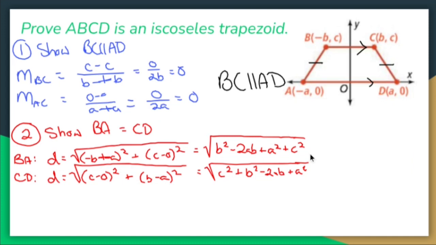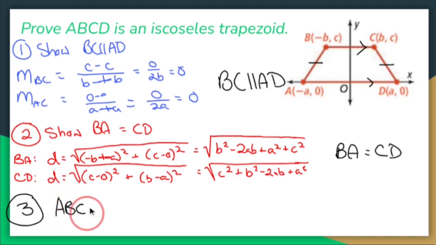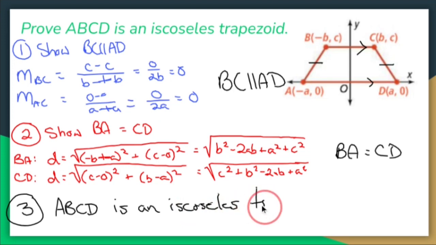So since BC is parallel to AD, and since BA is equal to CD, that tells me that ABCD is an isosceles trapezoid.